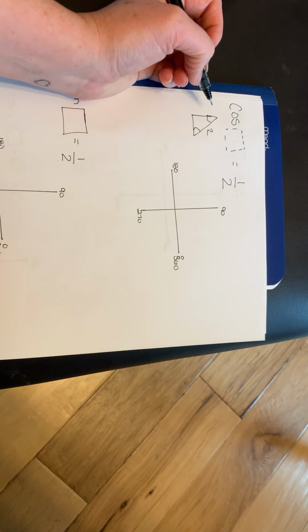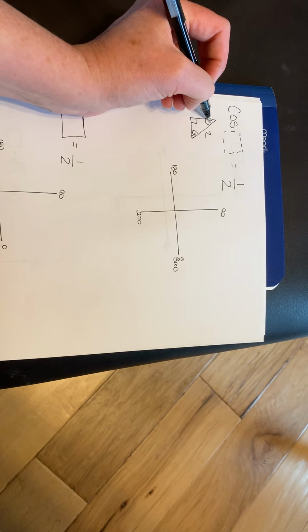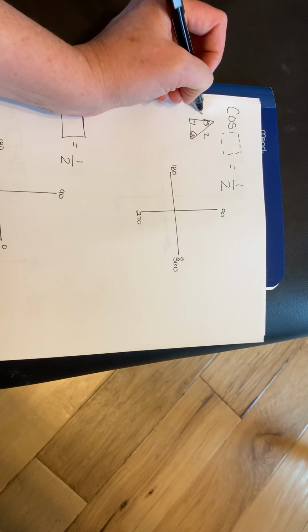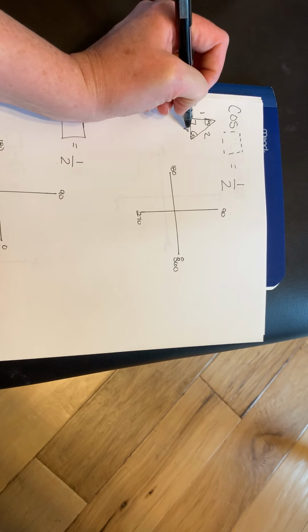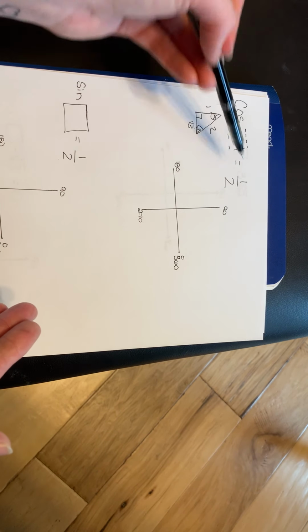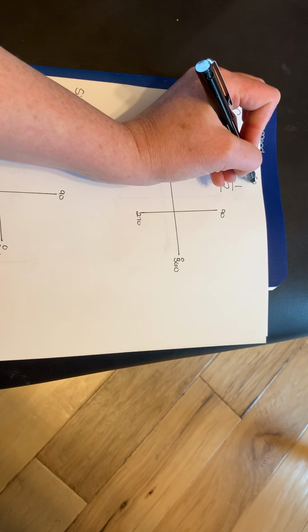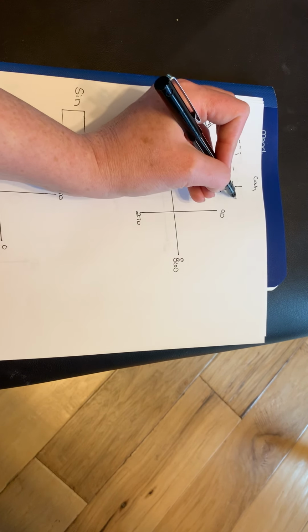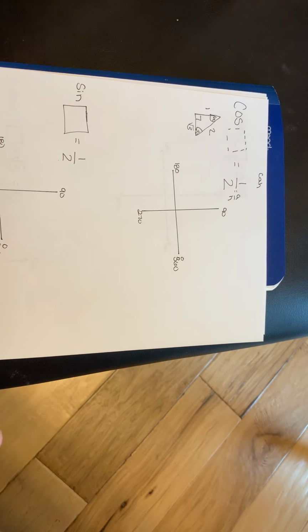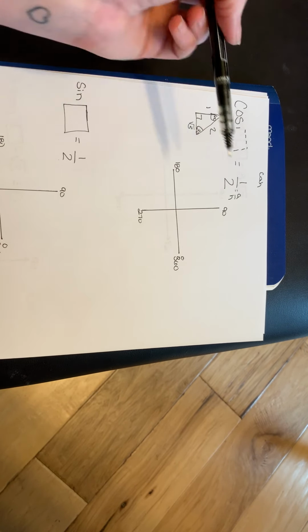Okay, so 30, 60, and then we'll put the 1 right here by that 60, and then this would be square root of 3. So that's the type of triangle I'm dealing with because I have a 1 and a 2. Cosine, if I think back to SOH CAH TOA, is going to be adjacent over hypotenuse. And my cosine is positive 1/2.